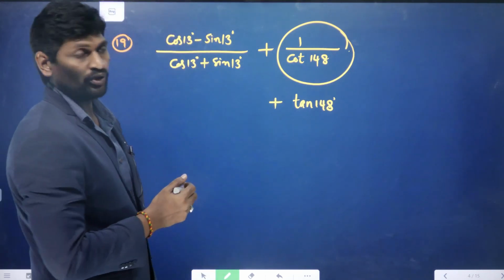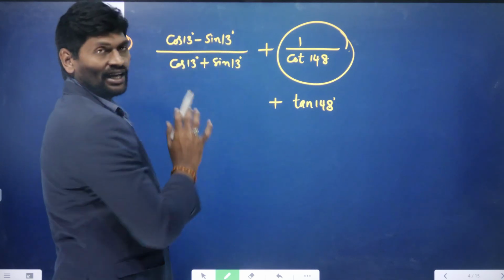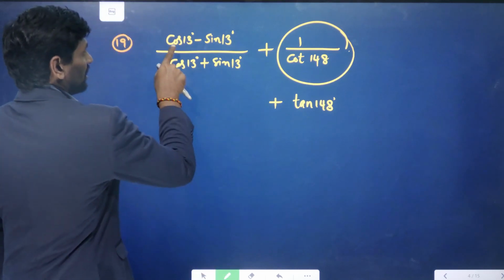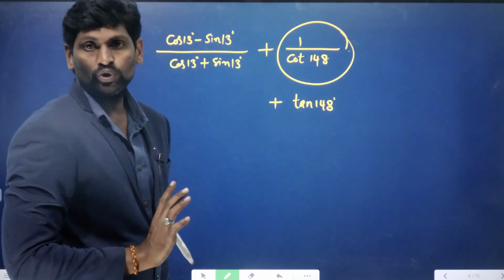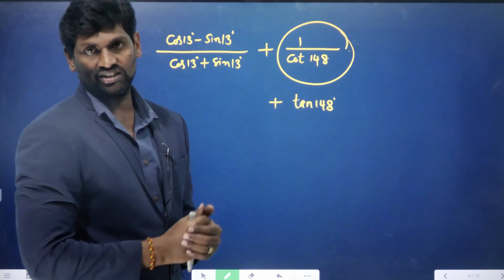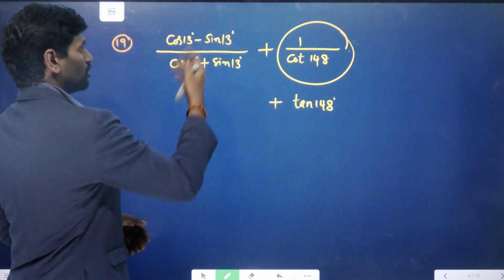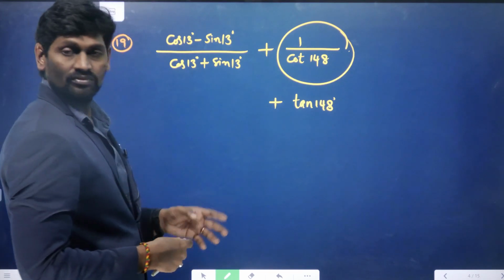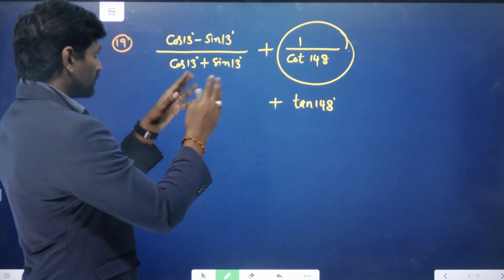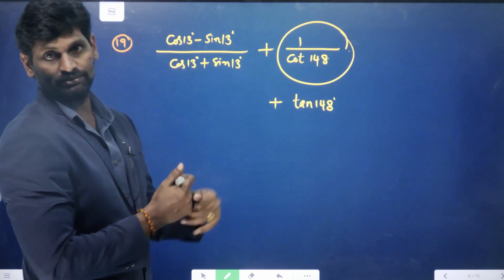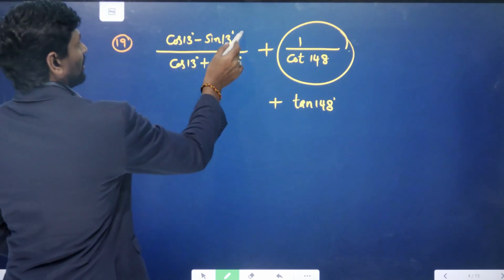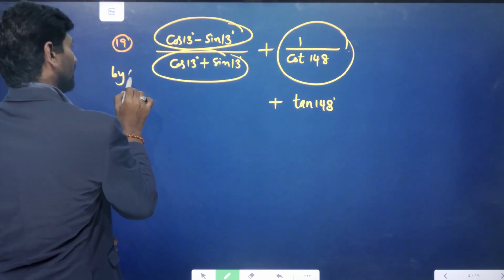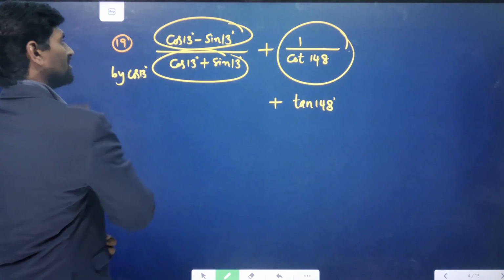Next, this one also I am going to write in terms of tan. But before that, the numerator and denominator, both of them should be divided by cos 13, because all are 13s only. So to convert into tan, we divide the numerator and denominator by cos 13 degrees.